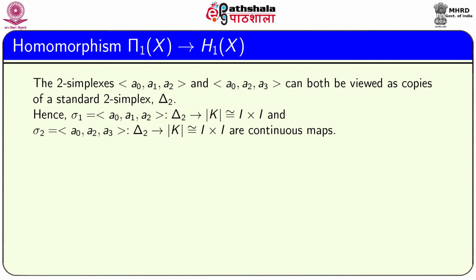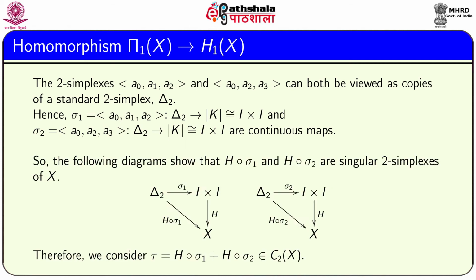Hence, if we call A0 A1 A2 as sigma 1, then sigma 1 is actually a singular 2 simplex from delta 2 to mod K, and sigma 2, which is A0 A2 A3, is also a singular 2 simplex from delta 2 to mod K. So, the following diagrams show that H compose sigma 1 and H compose sigma 2 are singular 2 simplexes of X.